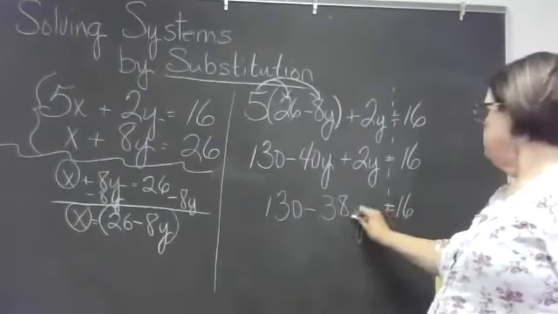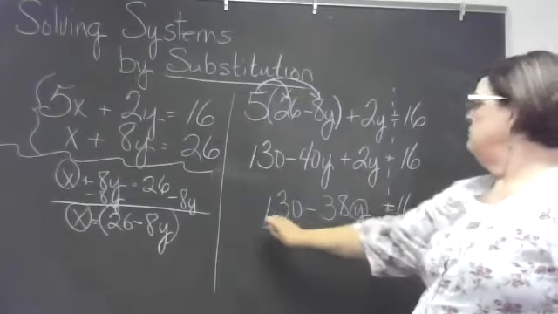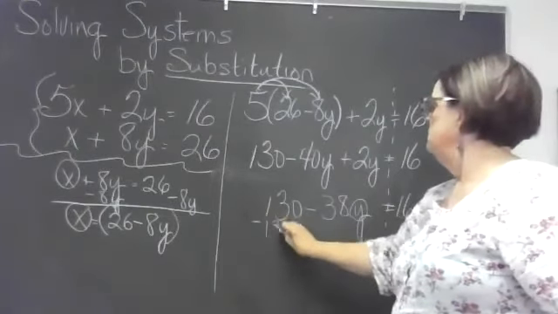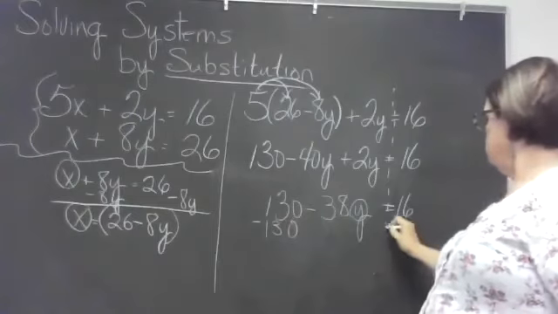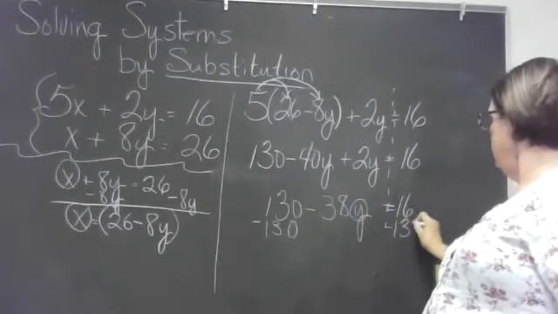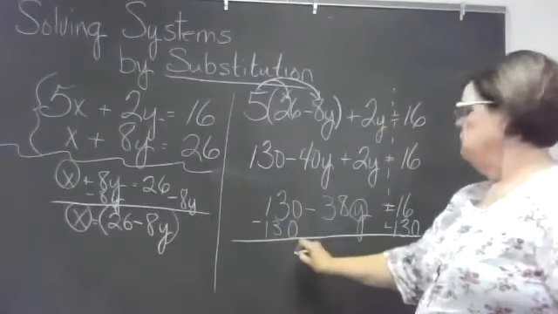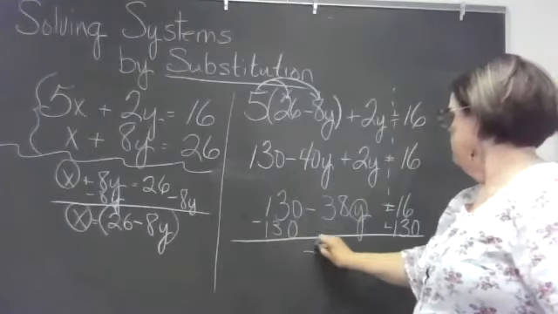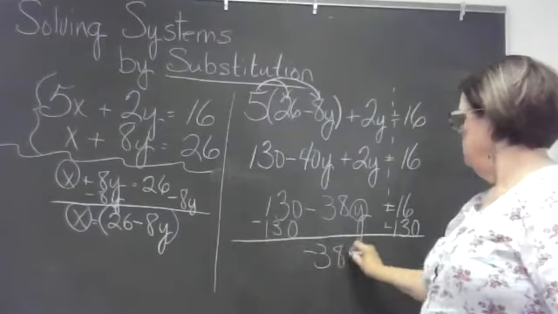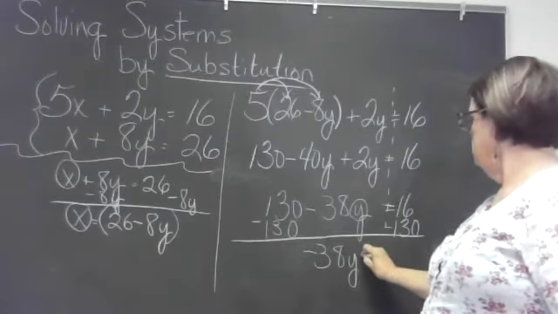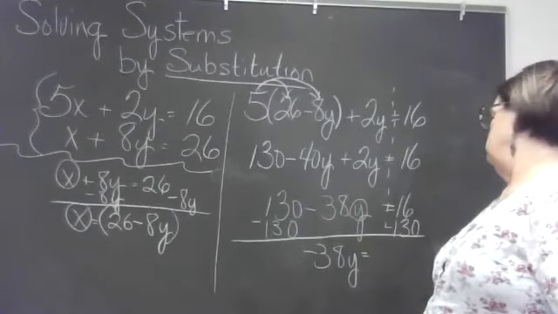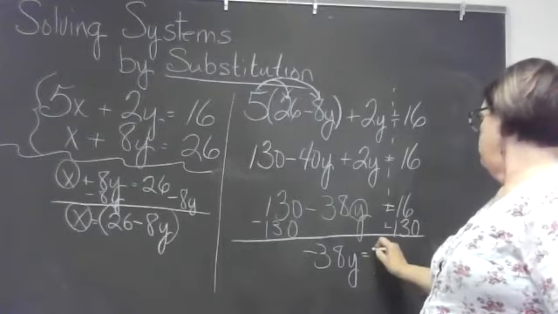Okay. And if I want to solve for y, I need to get rid of this 130. Subtract 130. This is just math now. Solving equations. So now I have negative 38y equals negative 114.